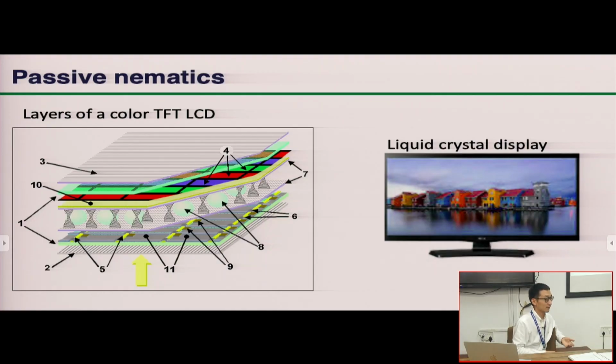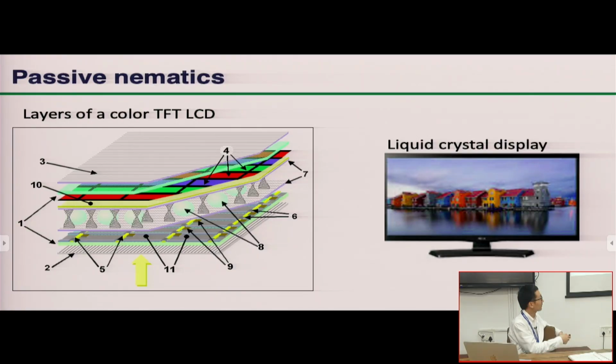Passive nematics is a classical physics subject. People talk about liquid crystal theory, and there are textbooks written about them. It has applications, one of which is liquid crystal displays. So here's a sketch of how that works. You have different layers. For example, this layer here does the color, and you have nematic liquid crystals sandwiched in the middle.